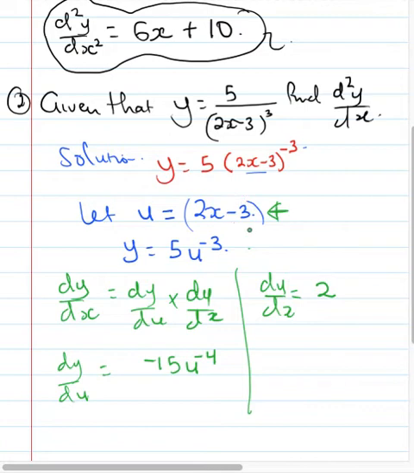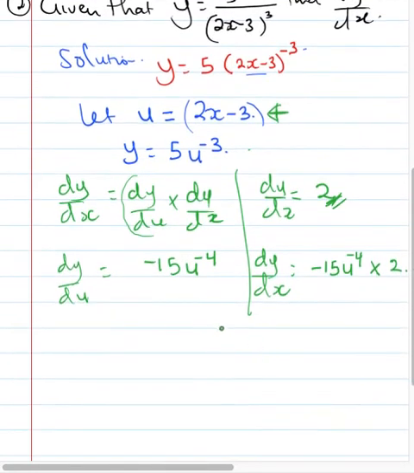Now dy/dx is dy/du, which is negative 15u to the power of negative 4, times du/dx, which is just 2. So working this out, dy/dx is negative 30 times (2x minus 3) to the power of negative 4.